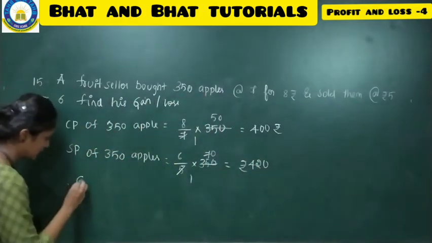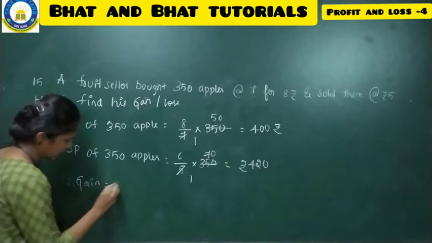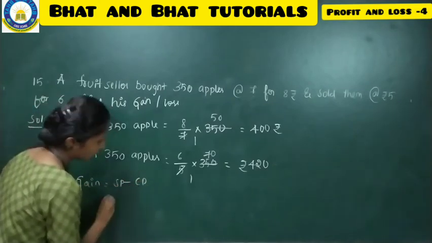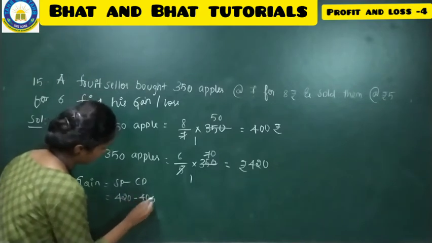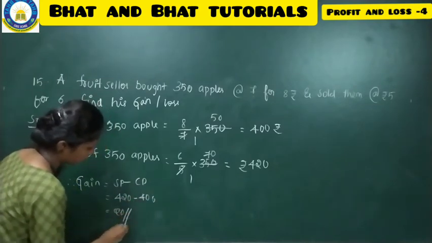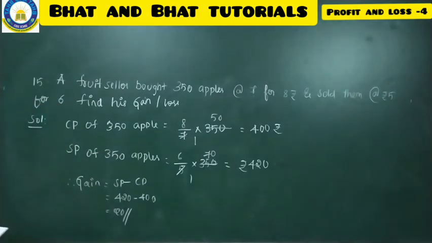Therefore, he is getting a gain, that is SP minus CP. SP is 420, CP is 400, and he is getting a gain of rupees 20. Copy down this. Hope you all copied this.